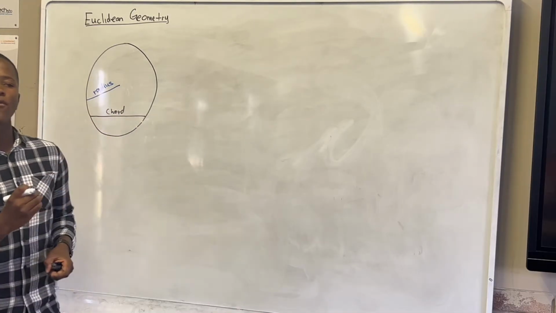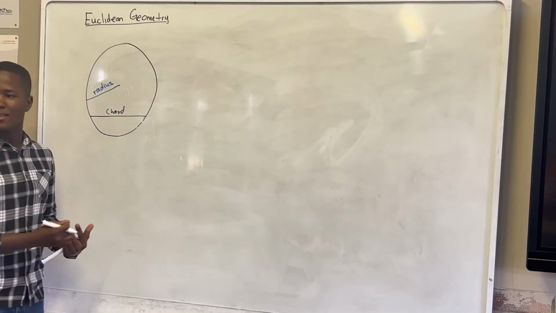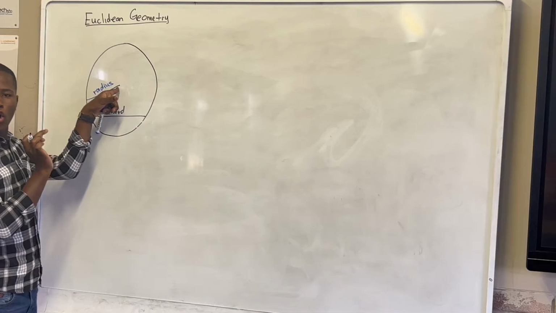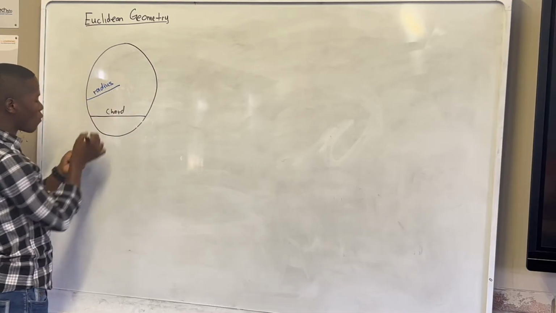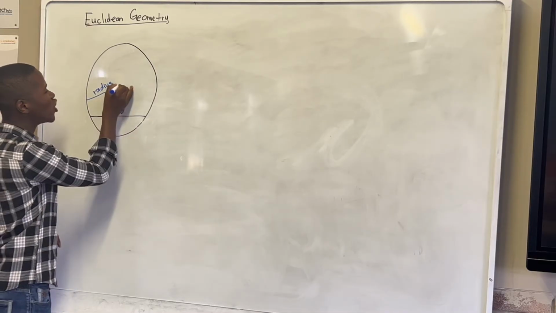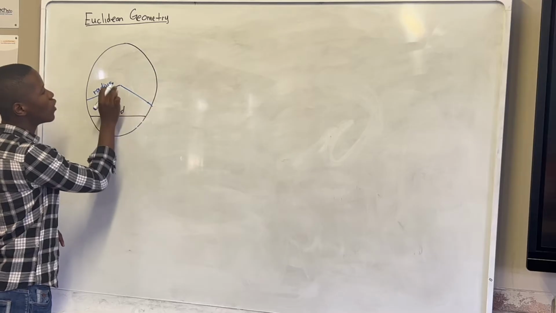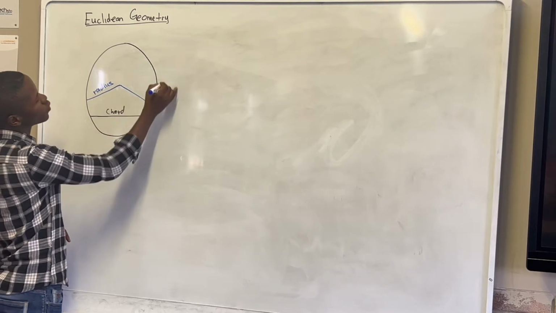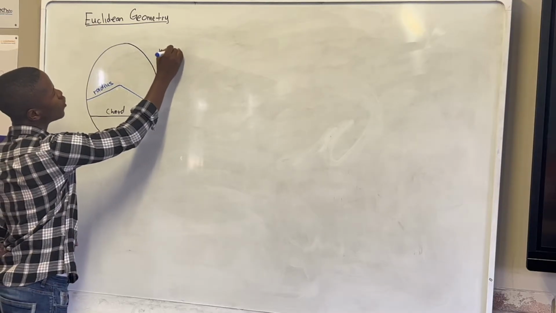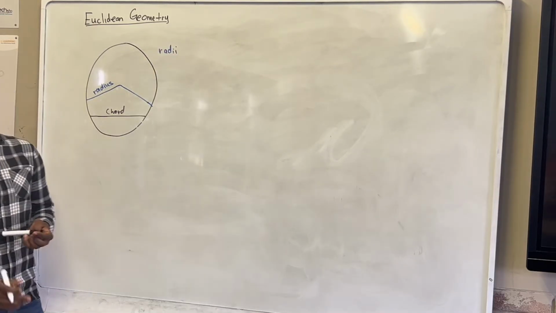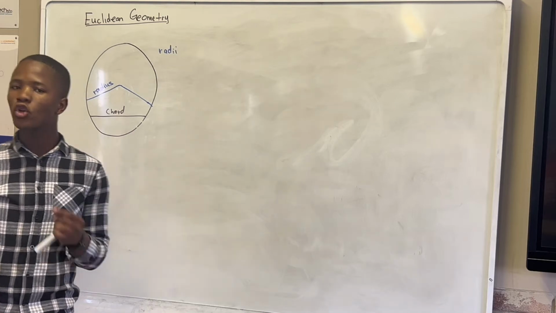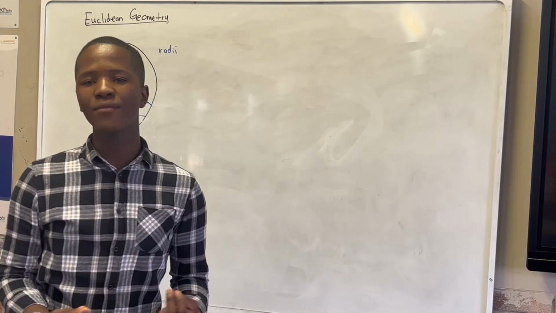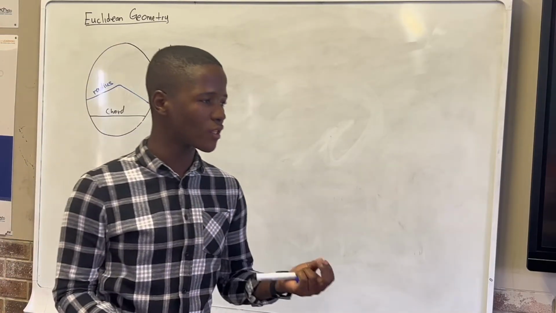Now, if you have two or more lines that are drawn from the center to the circumference of your circle, we call those lines radii. If there are two, this one and this one, we call them the radii. However, we also have this particular set of lines.